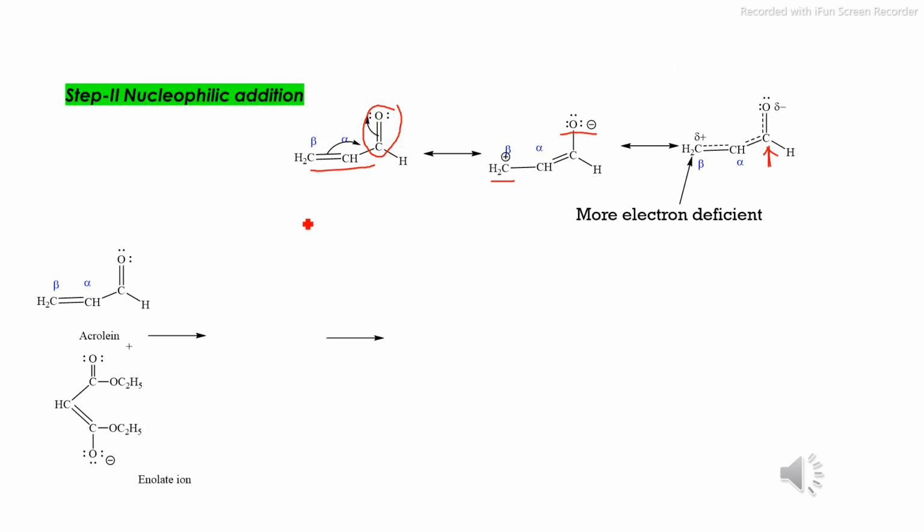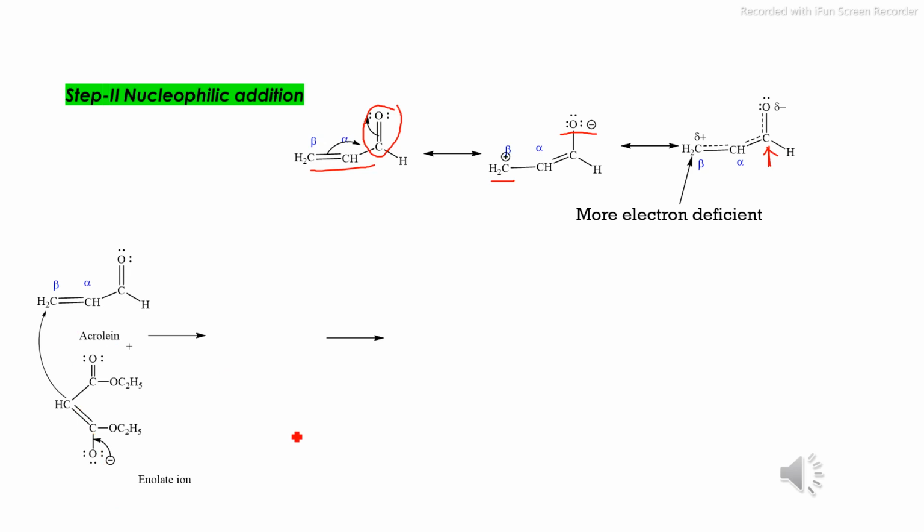Therefore, the beta carbon atom is more electron deficient than the carbonyl carbon of the carbonyl group, and therefore the nucleophile, that is the carbanion, attacks the beta carbon atom of the alpha beta unsaturated compound to give the addition product.